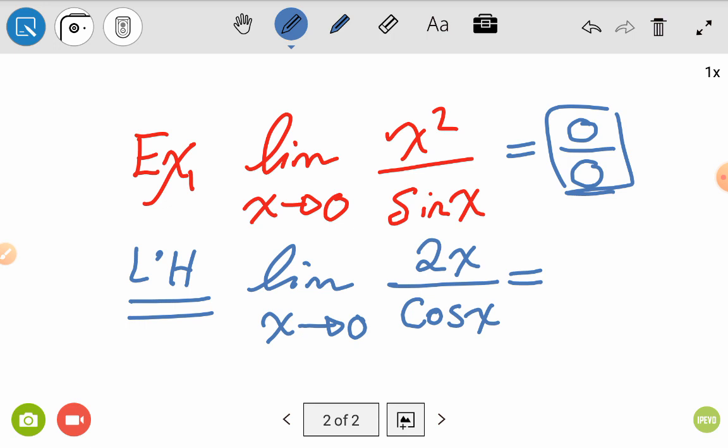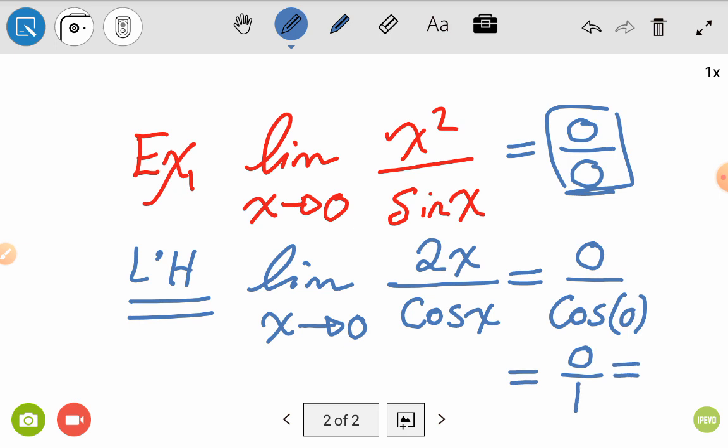Substitute 0 for x: 2 times 0, which is 0, over cosine 0. Yes, it's 1. Nice. So your answer, is it an indeterminate form? No, it's 0.